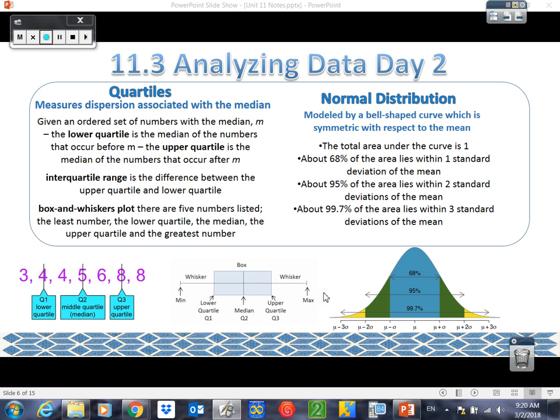Those are the ends of what they call the whiskers. In the middle is a box that highlights our quartiles. Our lower quartile would be the beginning of the box, and our upper quartile would be the end of the box. Our median is shown in the box where it belongs.